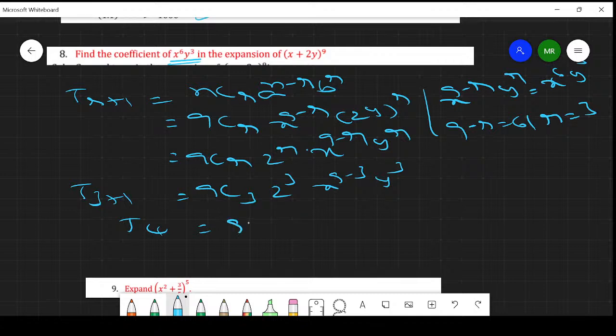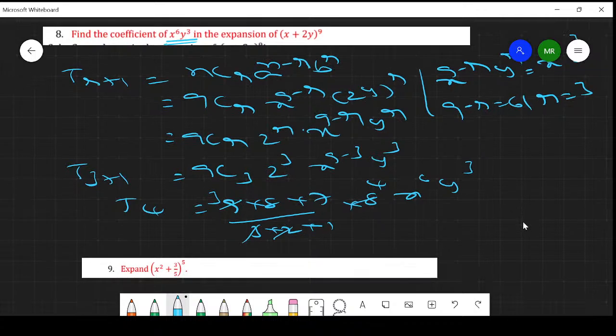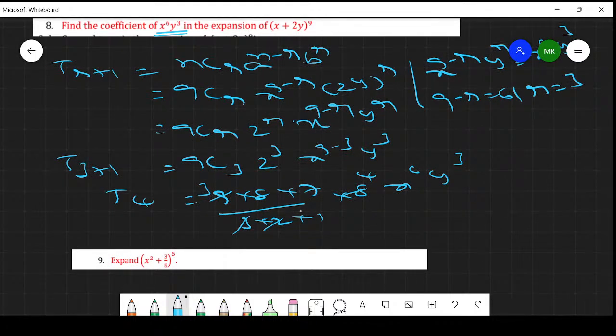9C3 you know is 9 into 8 into 7 by 3 into 2 into 1. It will be 2 cube is 8, x power 6 y cube. They are asking for the x power 6 y cube coefficient only. If I simplify this, I can write 3 threes and 2 fours. Multiplying this, it comes 24 into 28 into x power 6 y cube.